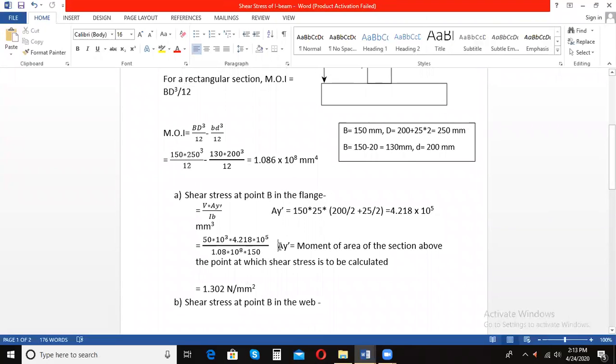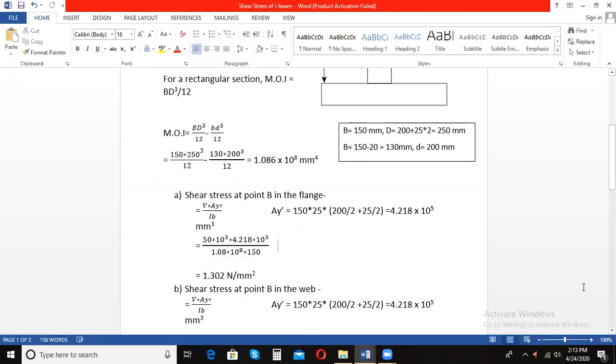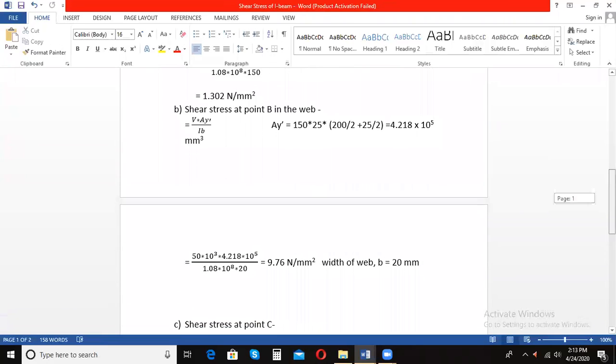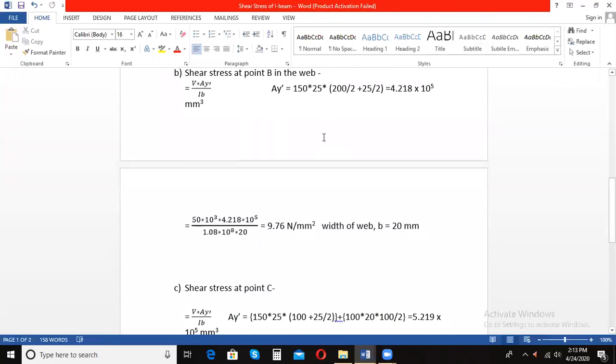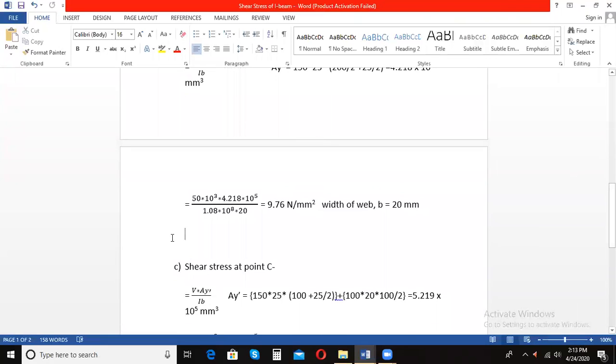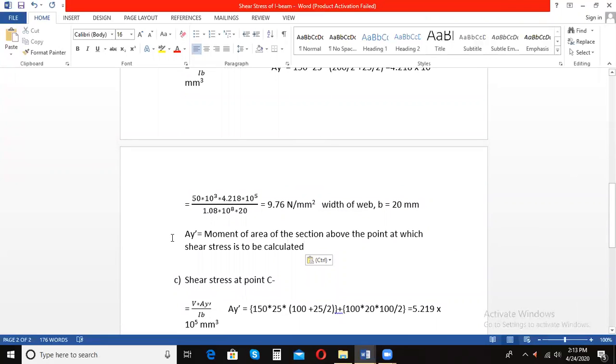I will just copy paste this writing here. So AY bar is the moment of area of the section above the point at which shear stress is to be calculated. So first you have to identify the point.